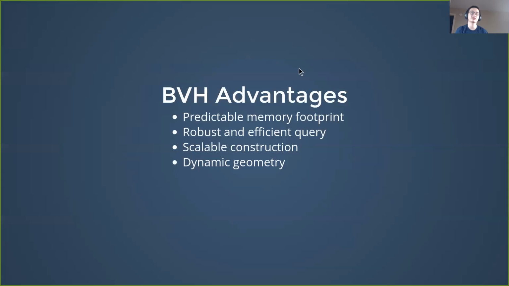BVH is robust and has efficient querying, and also it has scalable construction, which means there are tons of algorithms on how to construct BVH. Some of them are higher quality and some of them are lower quality. But lower quality ones usually construct faster.